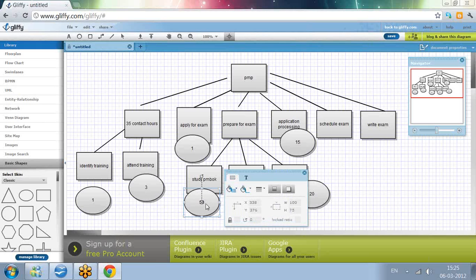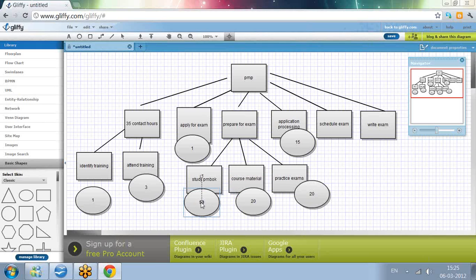So here, when I say read PMBOK is, let's say, 8 days of effort. Course material maybe another 5 days of effort. And practice exams, let's say it is another 10 days of effort.